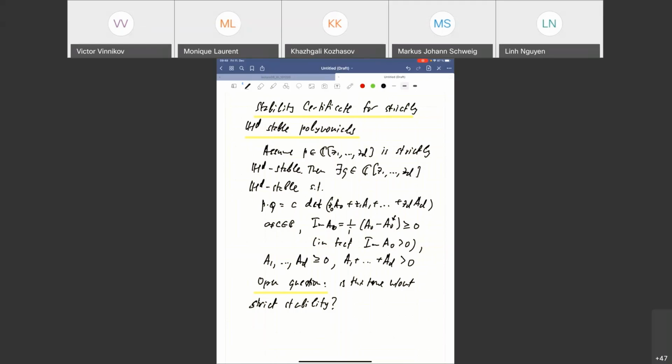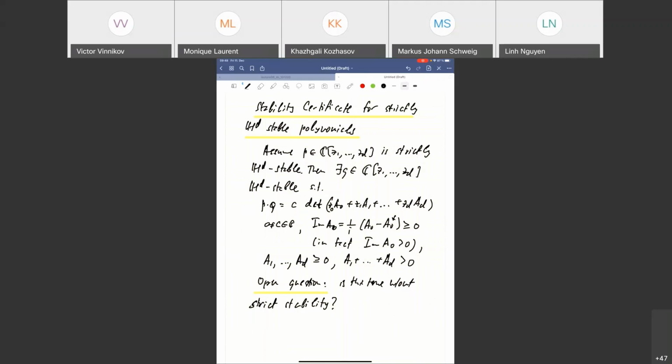The problem is that, of course, you can approximate any polynomial by strictly stable polynomials, but as I might say in the remaining negative amount of time, we don't have control of the degree, so the degree can blow up. It's a usual kind of problem in this type of questions.